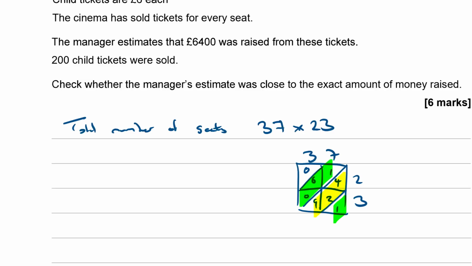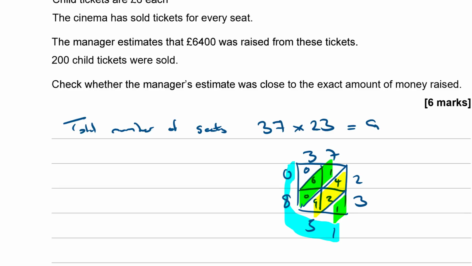Have you seen this method before? So that's 1, 4, 2, and 9 add up to 15. So just carry 1 into the next diagonal. 1, 6, and that carried 1 adds up to 8, and that's 0. So once you've gone round like that, your answer is here. So that equals 851.